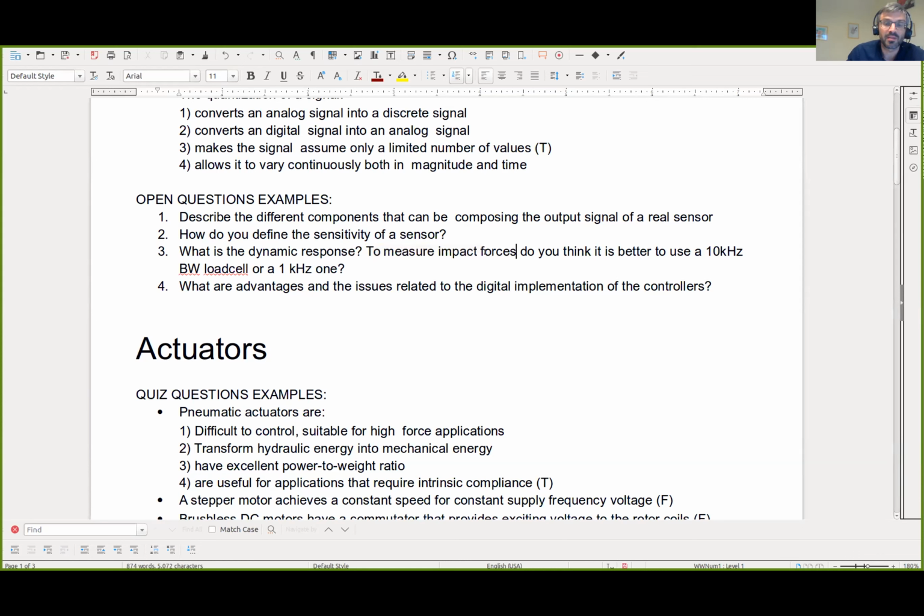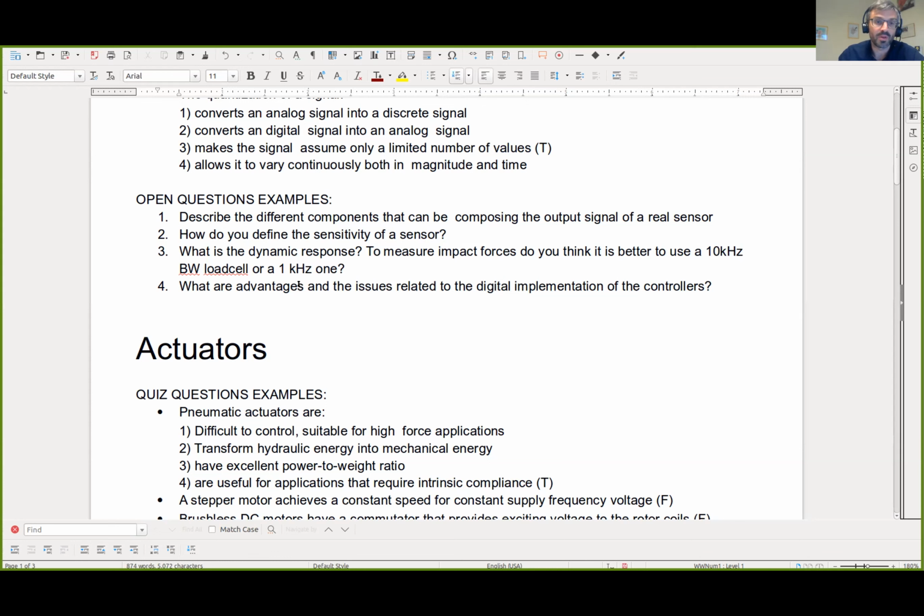So there can be an associated question related to that. For example, to measure impact forces, do you think it's better to use a 10 kilohertz bandwidth, so a higher bandwidth load cell, or a 1 kilohertz one? Impact forces have a big spectrum, so it usually makes more sense to use a higher bandwidth that is able to read a bigger spectrum of a signal than a lower bandwidth one.